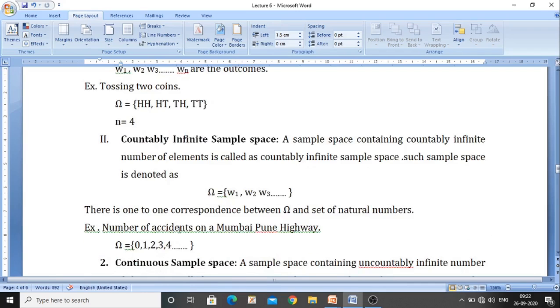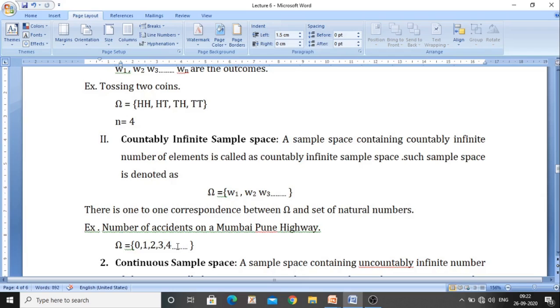For example, the number of accidents on the Mumbai-Pune highway. We don't know exactly how many accidents will happen. Either there may not be any accidents, so 0 accidents, or 1 or 2 or 3 or 4. That means we can count it. If I want the next element, I will add 1, so 4 plus 1 is 5. If I want to find the next element, then 5 plus 1 is 6.